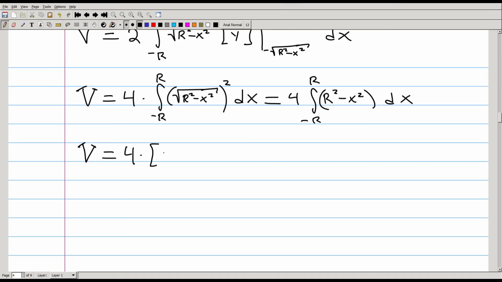which is going to be 4 times r squared times x minus x cubed over 3 from negative r to r.